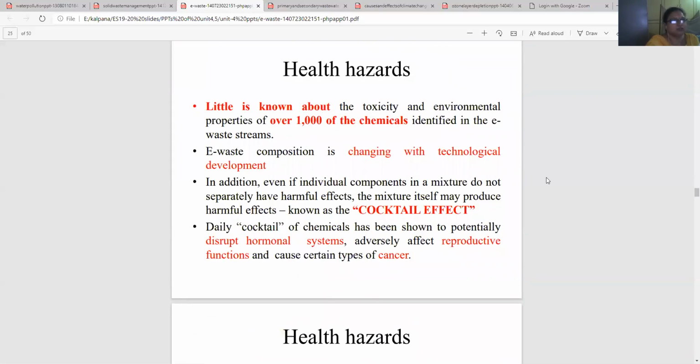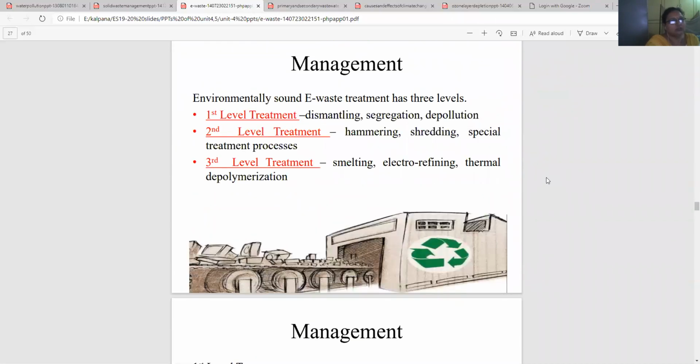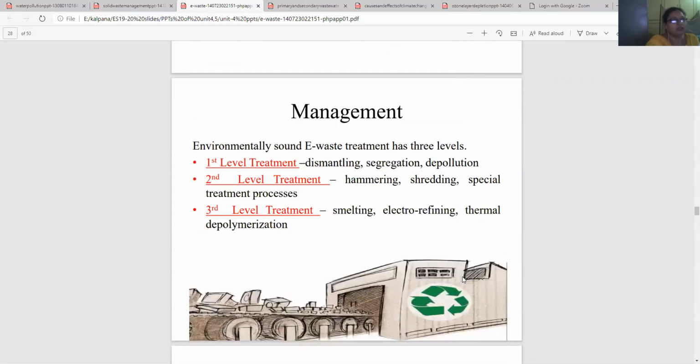Then management. We have reduce, reuse and recycle. Then the first level treatment, that is dismantling, segregation and depollution. The second level treatment is hammering, shredding and then special treatment processes.